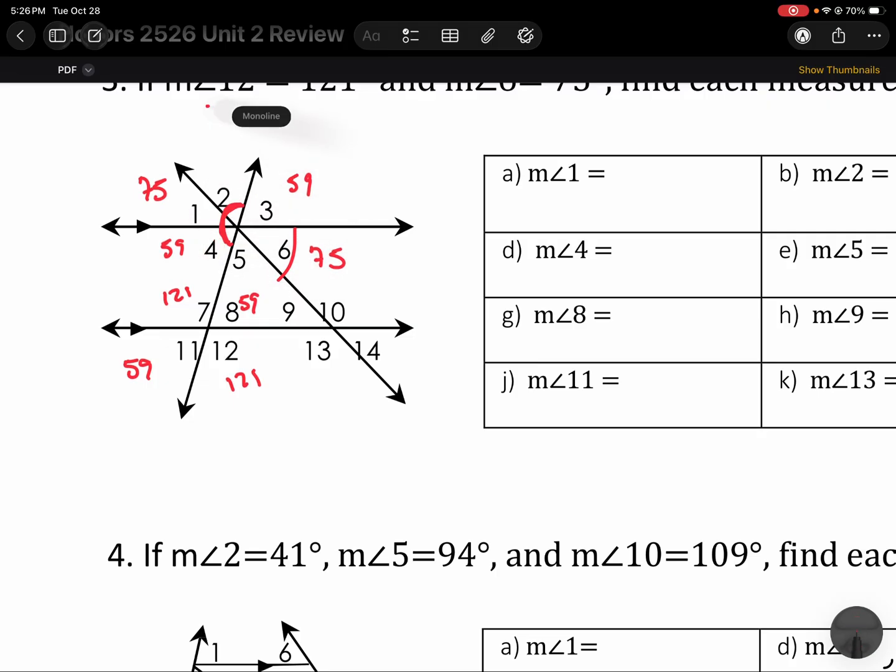So if I add up 75 degrees plus 59 degrees plus angle 2, that should give me 180 degrees. So by finding my missing angle, it should leave me with 46 degrees. That ends up being vertical angles with angle 5, so this is also 46 degrees.